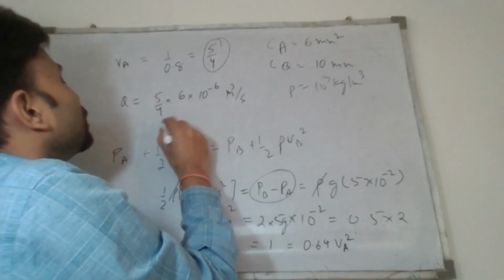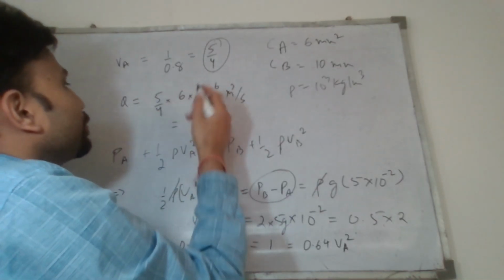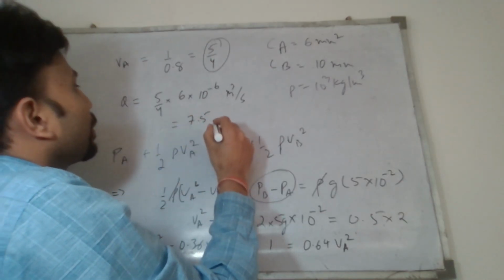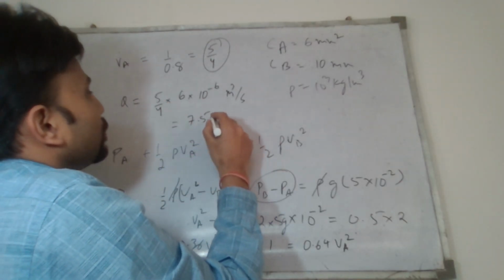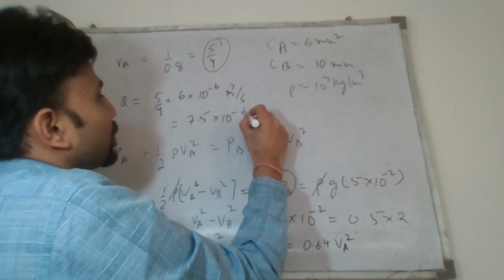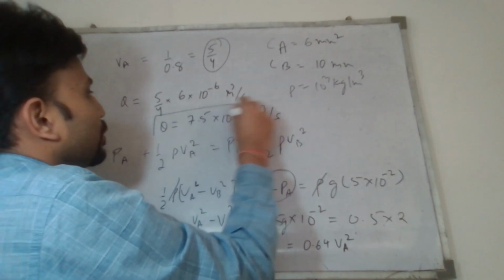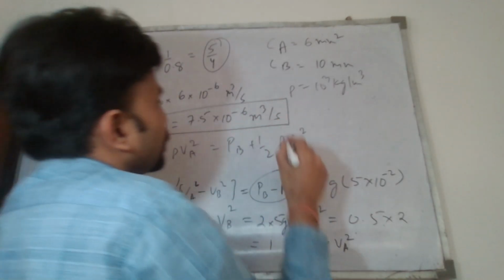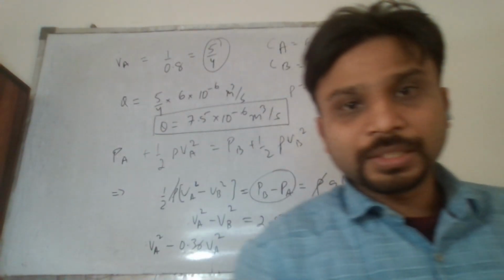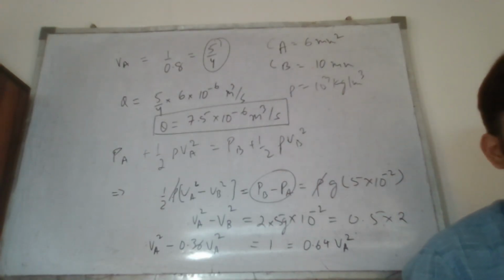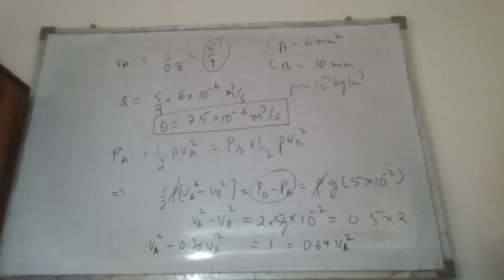So this value will come out to be some 7.5 into 10 to the power minus 6 meter cube per second. So this is the value of Q, rate of flow of fluid at that particular point.